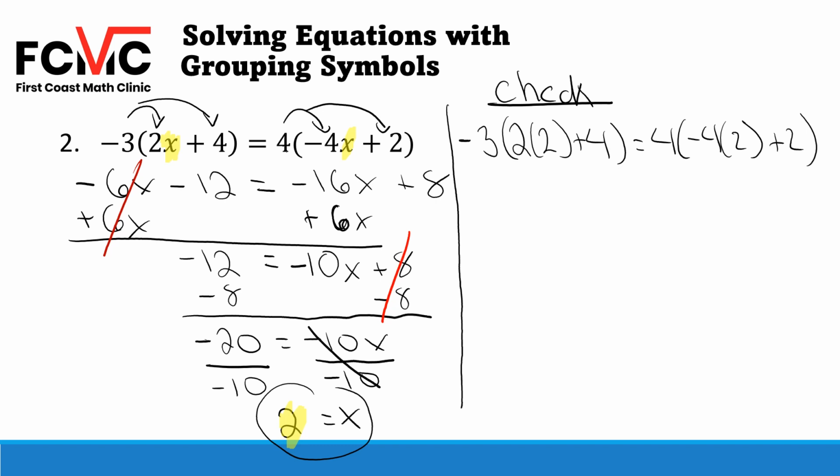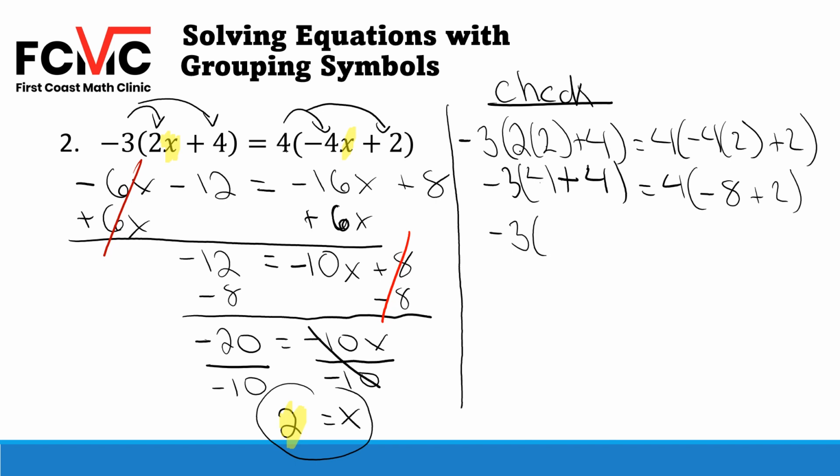So let's simplify in our parentheses. 2 times 2 is 4, plus 4 times negative 3. And on the right side, negative 4 times 2 is negative 8, plus 2. So let's finish this left side.